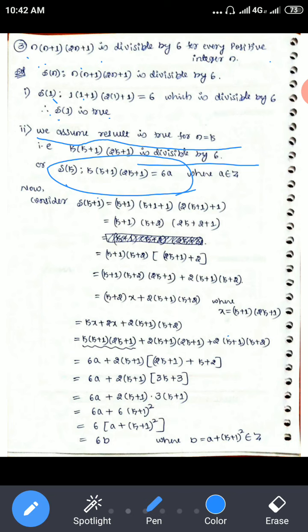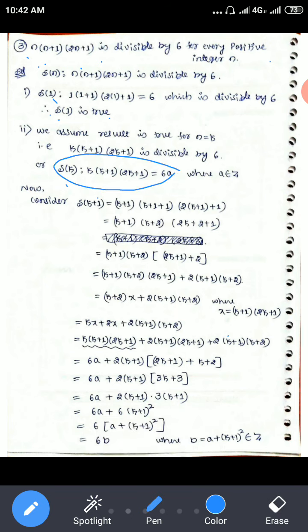In the result s of k, you write k as k plus 1. So first term k is there, next term k plus 1 is there, replace k by k plus 1: k plus 1 plus 1, 2 into k plus 1 plus 1, that is this step.